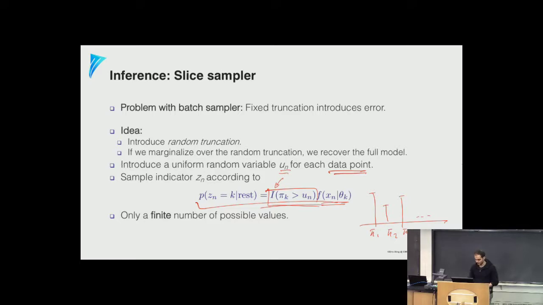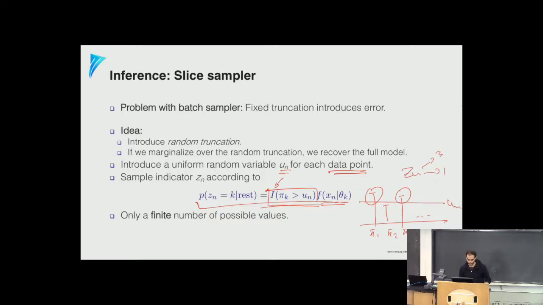So when we sample u_n and then try to select pi k's, only those pi k's that are larger than this u_n, so basically we are slicing these bars, right? And now let's say this is u_n, it means that z_n can be only equal to either, in this case, 3 or 1, right?